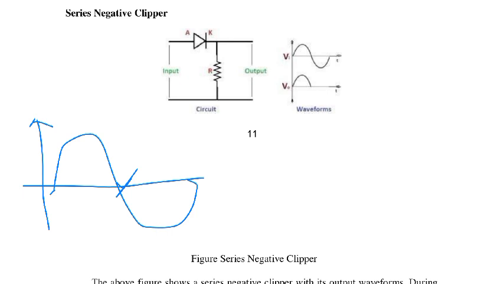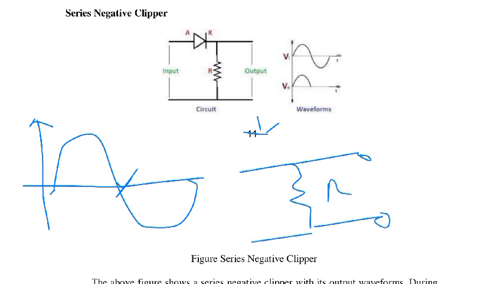So during the positive half, this diode behaves like a short circuit, and the input appears as the output. This is the positive half output. There is no clipping in this part.